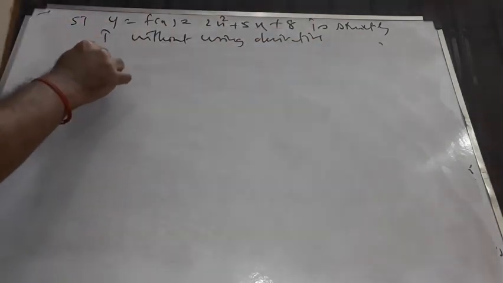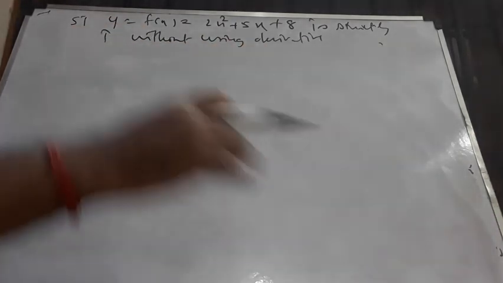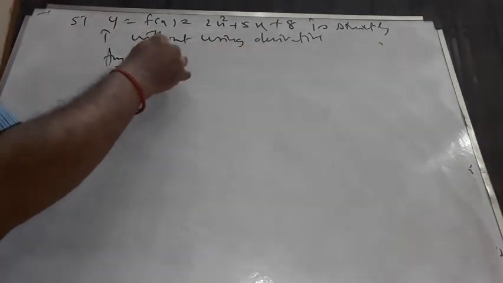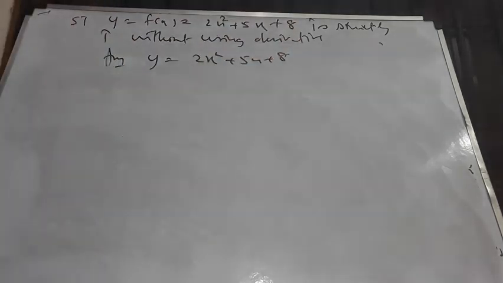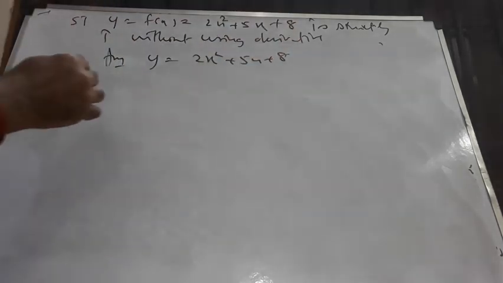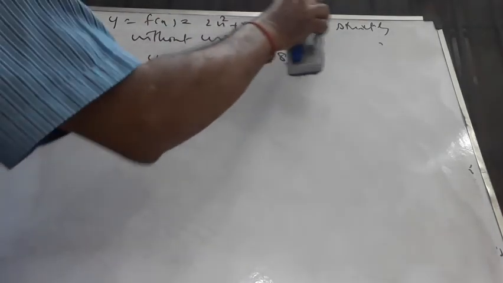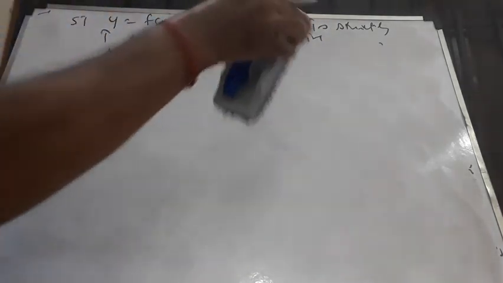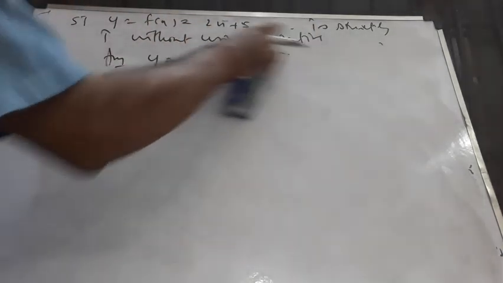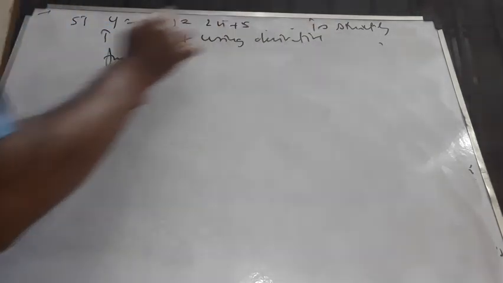Just listen carefully. Or rather, I'll take a linear function, sorry. That is the easiest way to do it initially. Let us not go into the details of quadratic. y equal to 2x plus 5 is strictly increasing, without using derivatives.